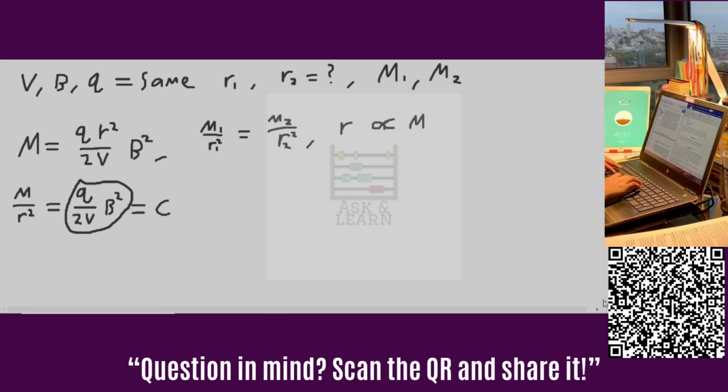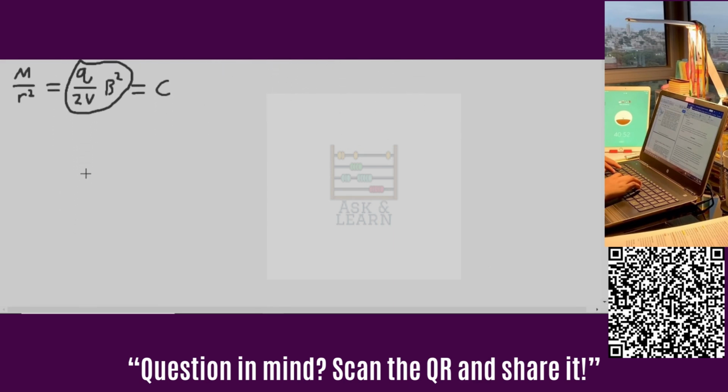Okay, so now using this, we can write two equations, one for particle 1 and one for particle 2. So we have m1 divided by r1 squared is equal to that constant, c, which is all of this stuff.